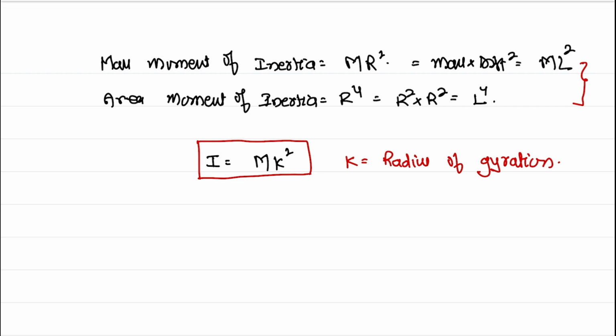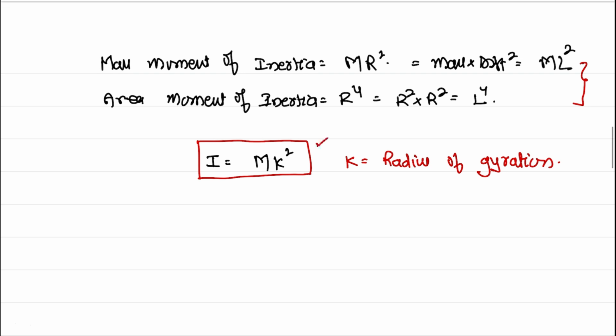Even though it is convenient for everybody to remember it as mr square, it is always better to remember it as mk square and try to find k for the given object. How to find out the k value for the given object and given plane, I will explain now.